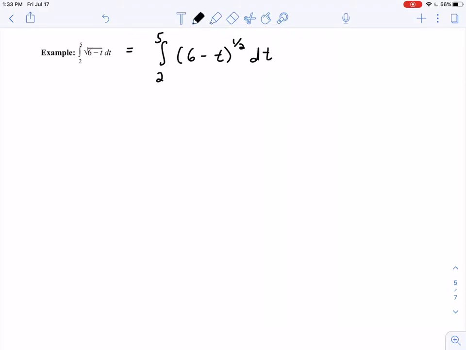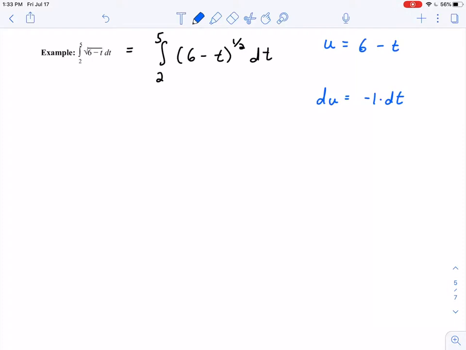Now I want to show you two different ways to use substitution within definite integrals. Your substitution is going to start the same no matter what. So I'm going to pick u equal to 6 minus t. du is equal to, let's see, the derivative of 6 minus t, that would be -1 times dt.